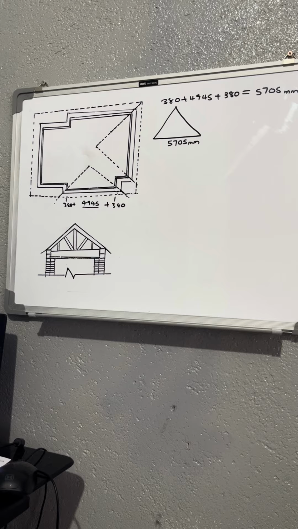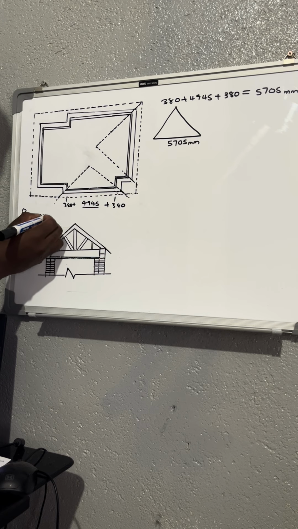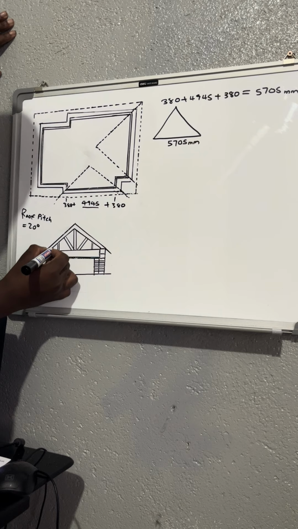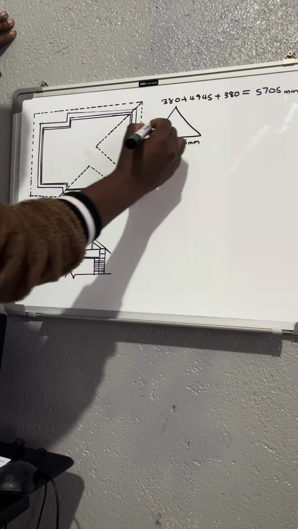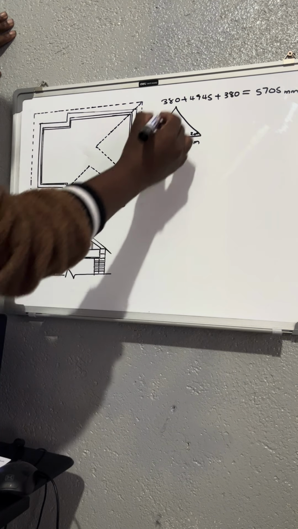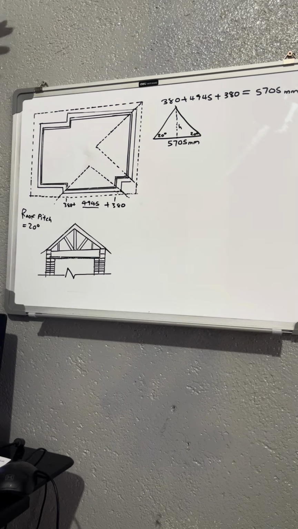Also to note, in SA, most of our roof pitches are around 20 to 25. So in this one, we're going to use a roof pitch of 20 degrees. Roof pitch meaning here we can have 20 and here we can have 20 that side. Then we know in the middle here we'll have that working height.